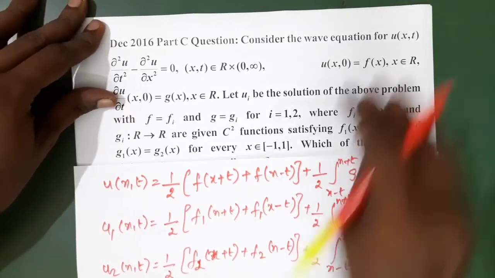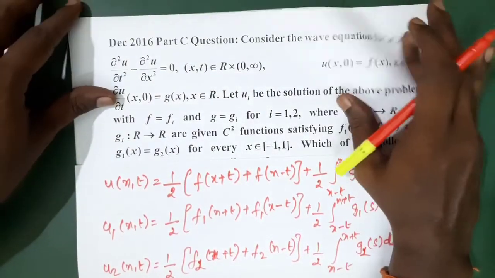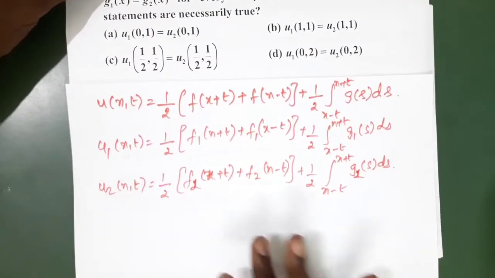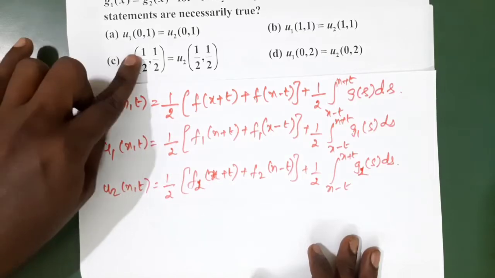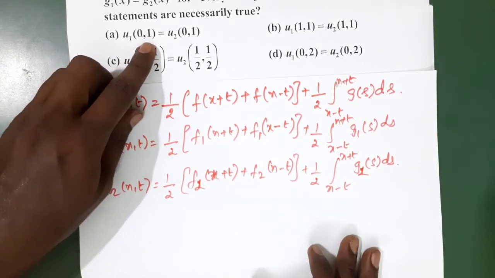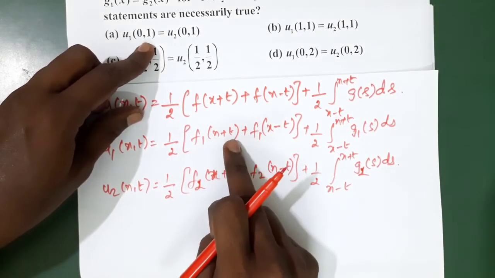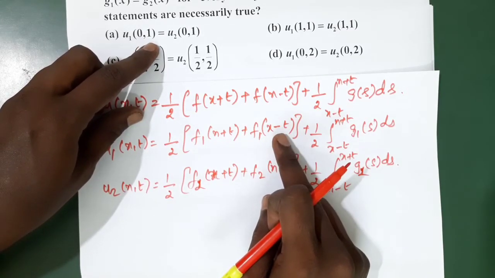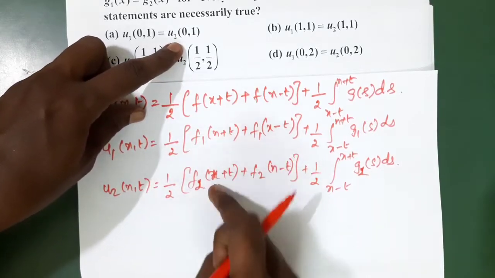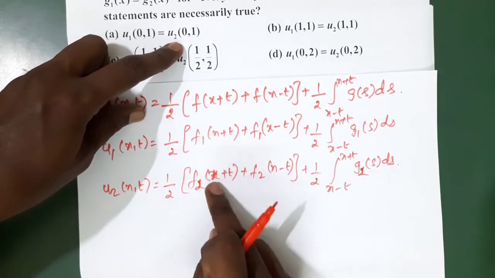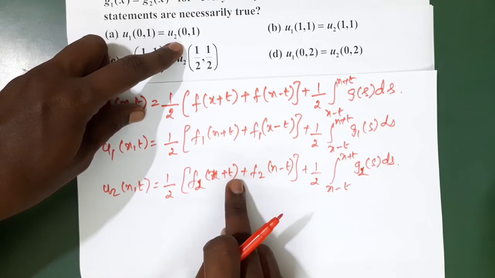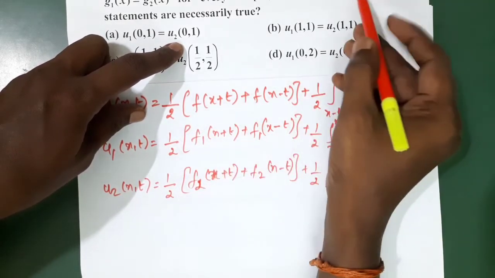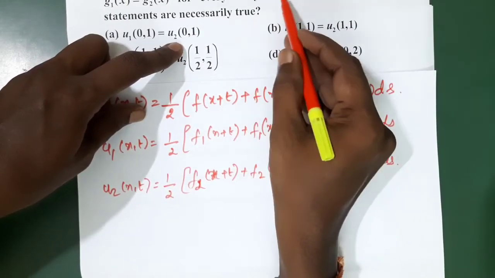Now we are considering the solutions of a solution. So now you put x is 0 and t is 1 in the first equation. X is 0, t is 1. So f1 of 1 and f1 of minus 1. You take this value, comparing these two simultaneously. So that means f1 of 1 and f2 of 1, these two are equal in the closed interval minus 1 to 1.